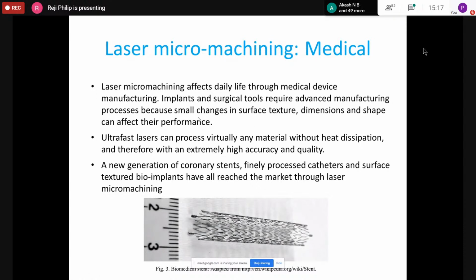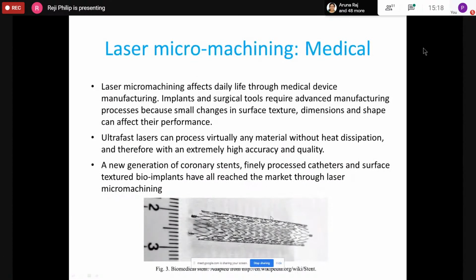So therefore, people have found that ultra-fast lasers can process virtually any material without heat dissipation. So when there is no heat dissipation, the accuracy and quality of what you make will be very good. So by this technique, a new generation of coronary stents, finely processed catheters, and surface structured bioimplants have all reached the market through laser micro machining.